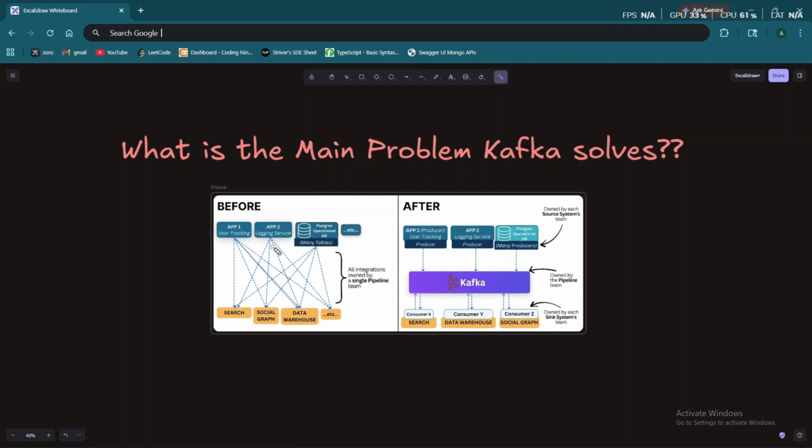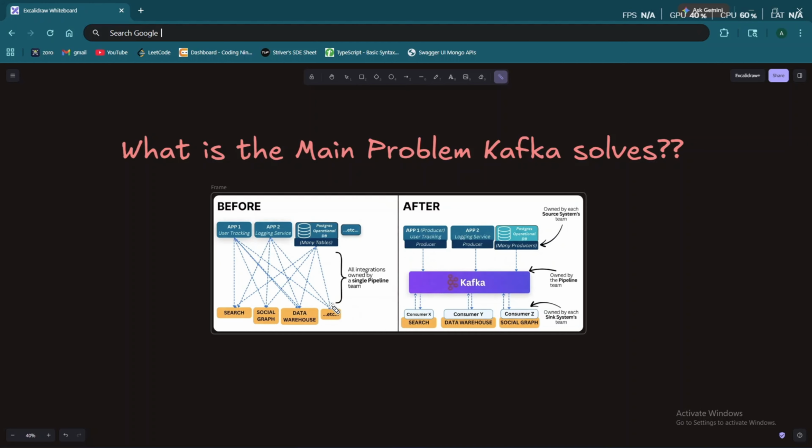Similarly for another application, say a logging service, it again needs to establish connections with all these downstream applications. And there are multiple databases with many tables, and again there is lots of to and fro between all the downstreams.